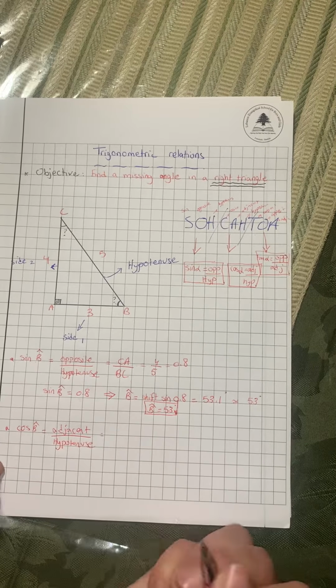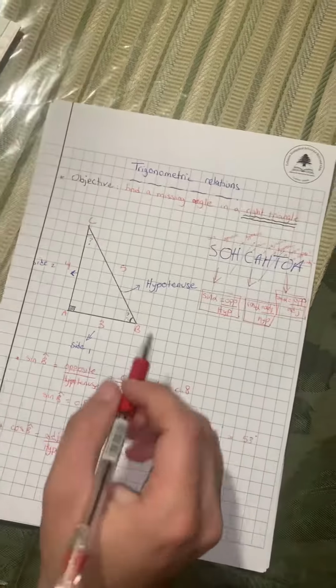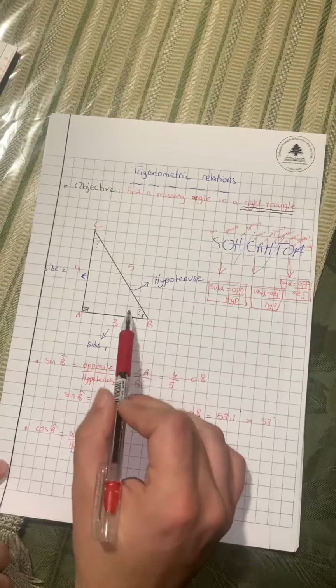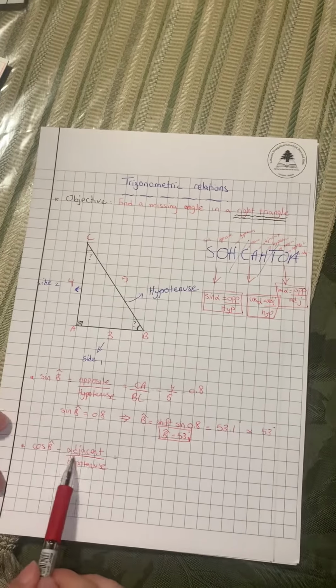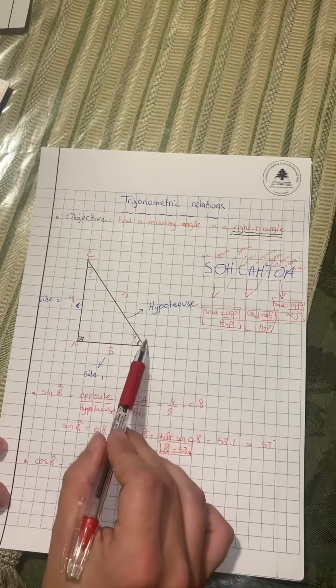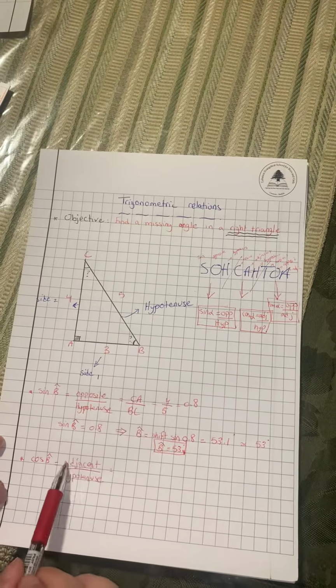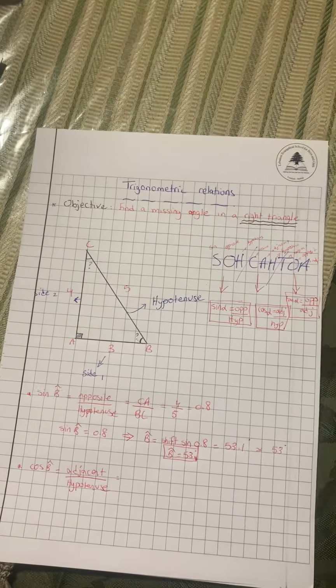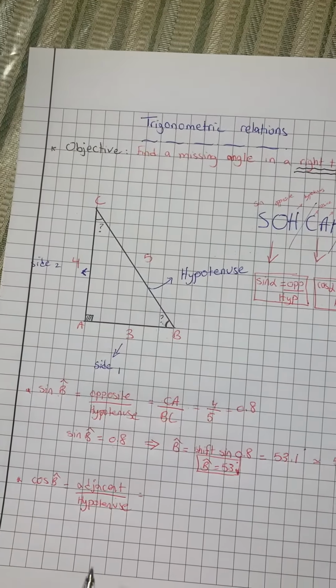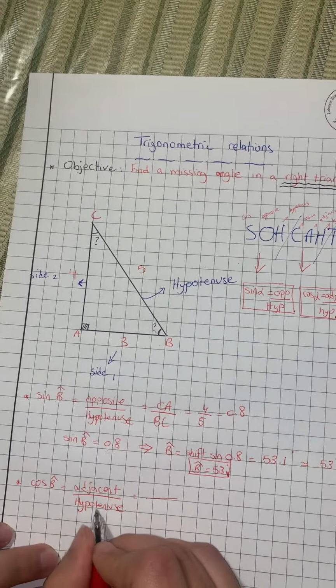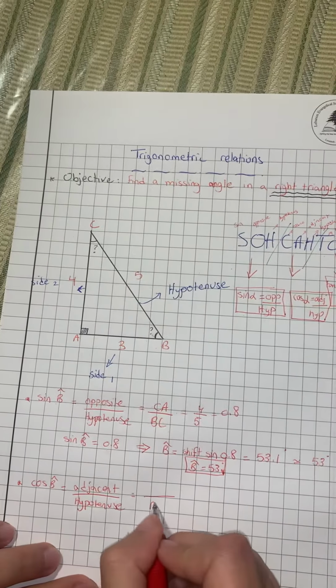Now we come to angle B. You ask yourself, what is the adjacent side to angle B? Adjacent means the side that is attached to angle B. We already know what the hypotenuse is. Hypotenuse is BC.